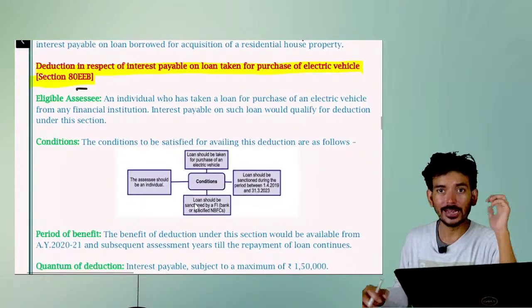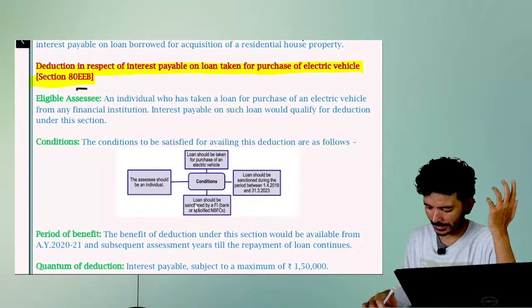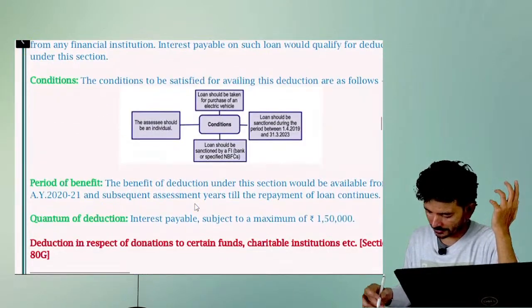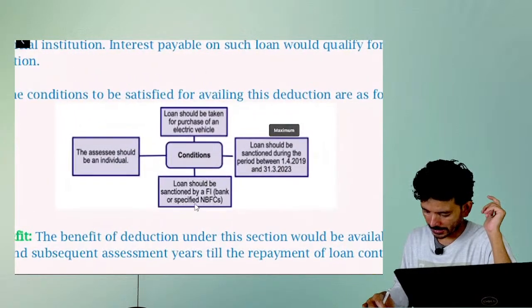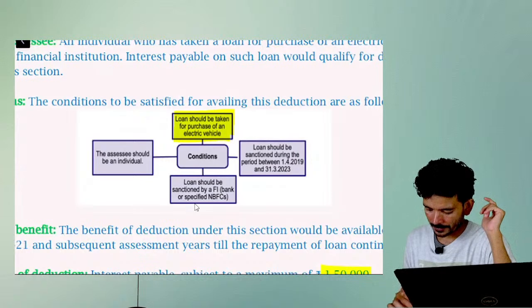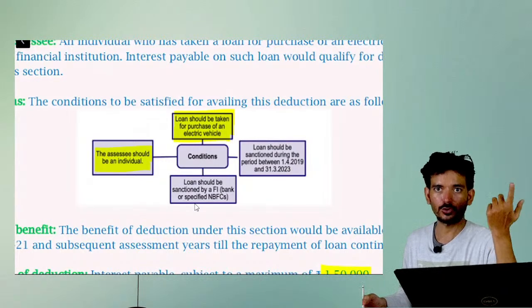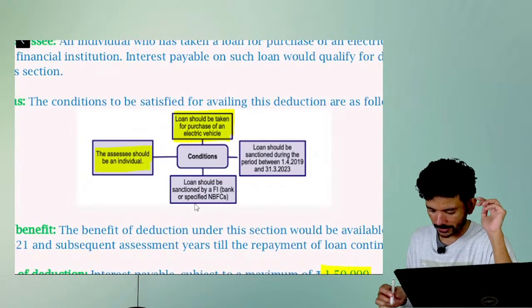So if you are taking any electric vehicle by taking a loan, again you will be given that benefit of 1.5 lakh. 80EEA may be also 1.5, 80EEB also 1.5, but the condition is that the loan should be taken for purchase of an electric vehicle. The assessee should be an individual, so it's only for individuals. A company cannot purchase an electric vehicle and claim it, and HUF also it is not available.